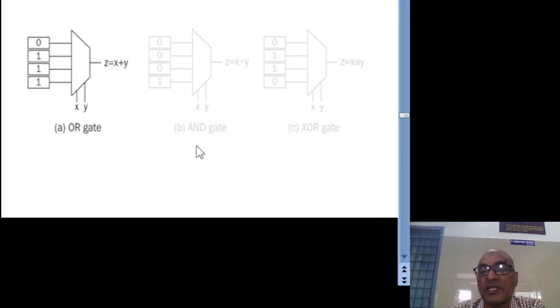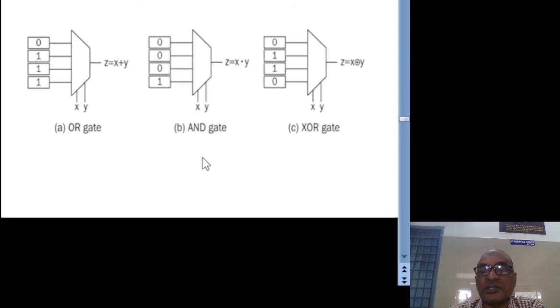Similarly, here the slide also shows the implementation for the AND gate and XOR gate. If you observe, the RAM data is the result of the OR gate, the result of the AND gate and the result of the XOR gate for all combinations.